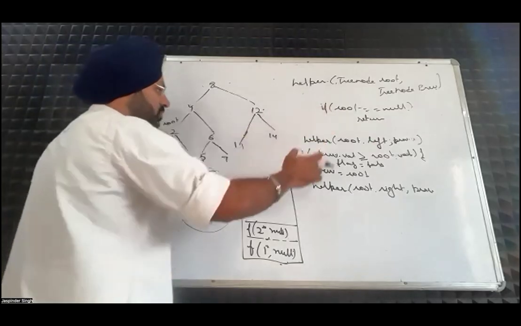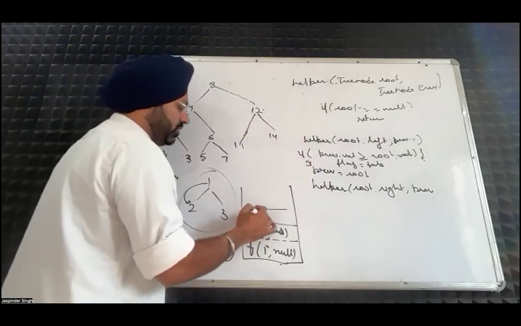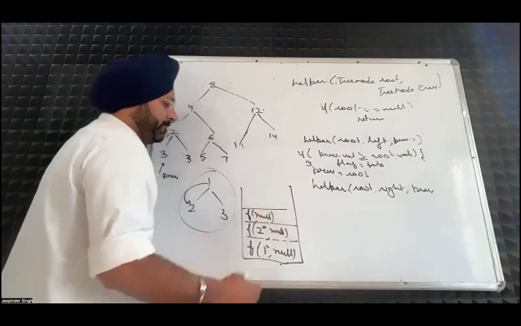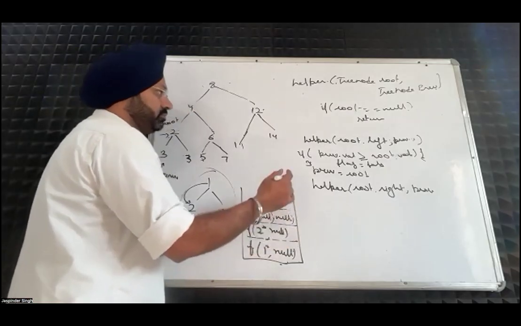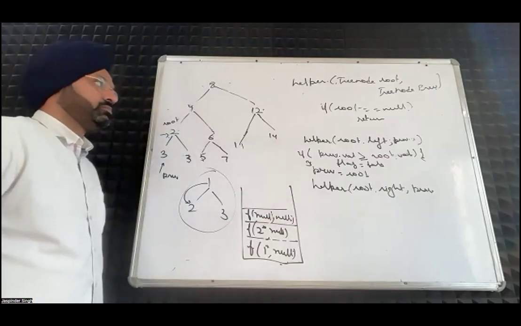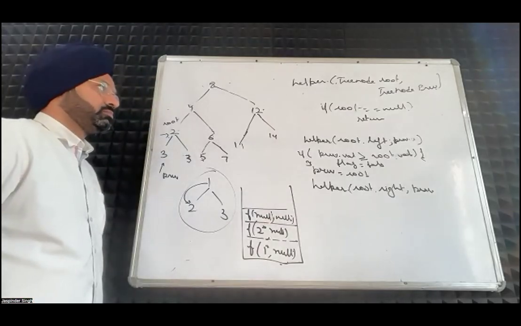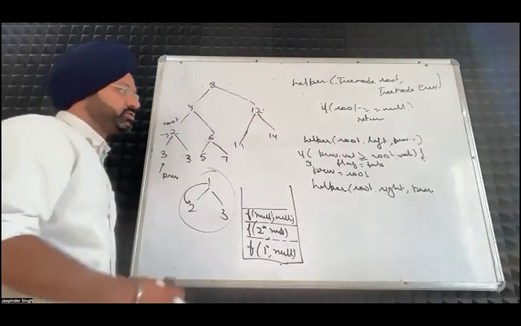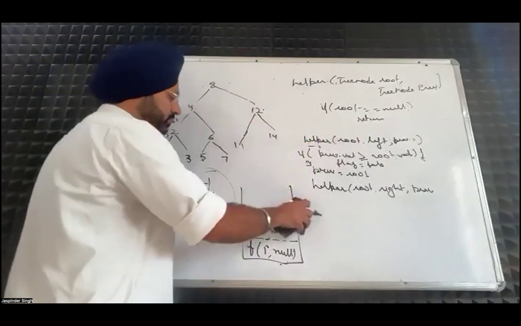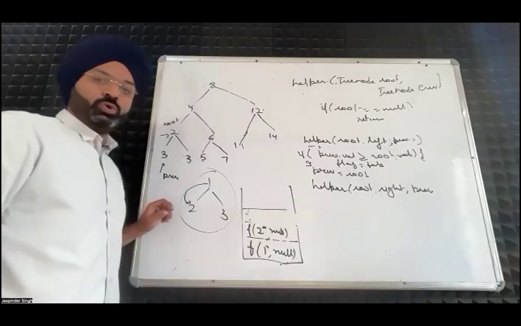Is my root equal to null? No. We come over here. Root's left, function call on null. And what is my previous? Null itself. Is my root equal to null? Yes. Returns to the same place from where we called it. So 2 gets compared to null.